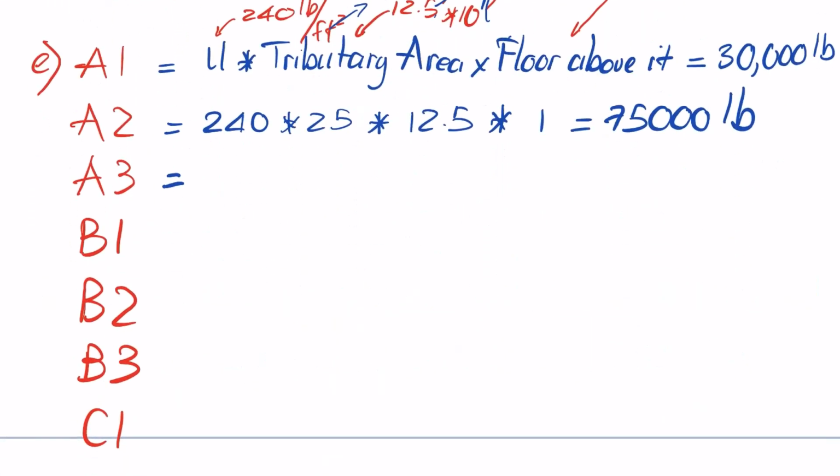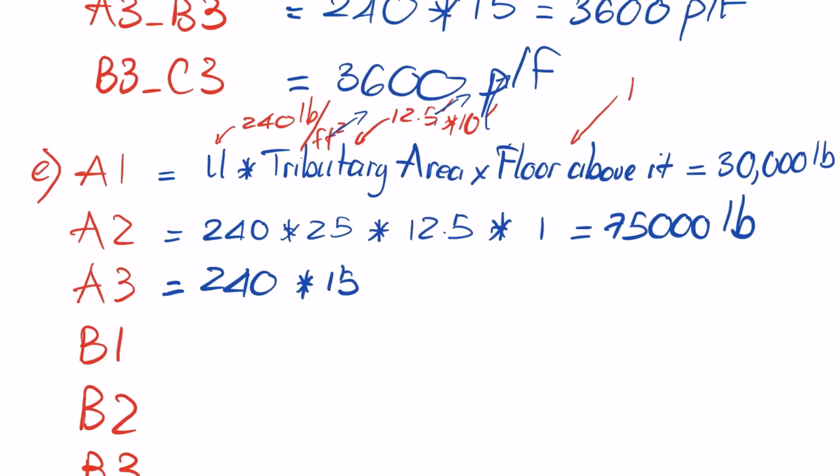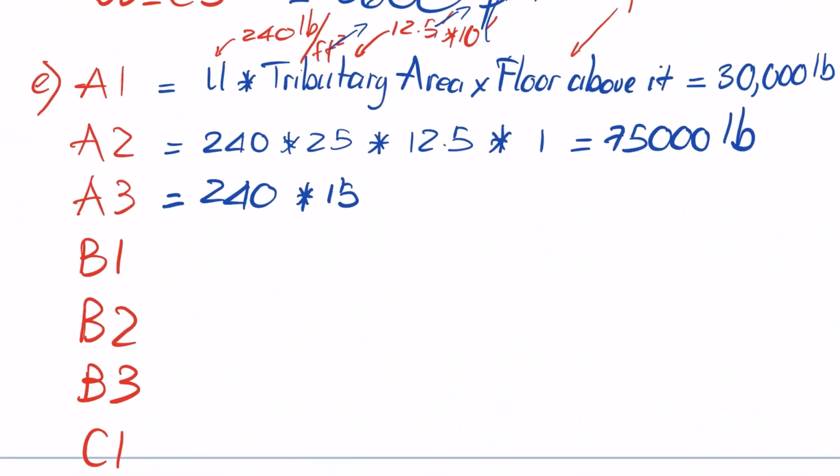So I'll have 240 multiplied by 15, that 15 multiplied by 12.5 multiplied by 1 equal to 45,000 pounds.